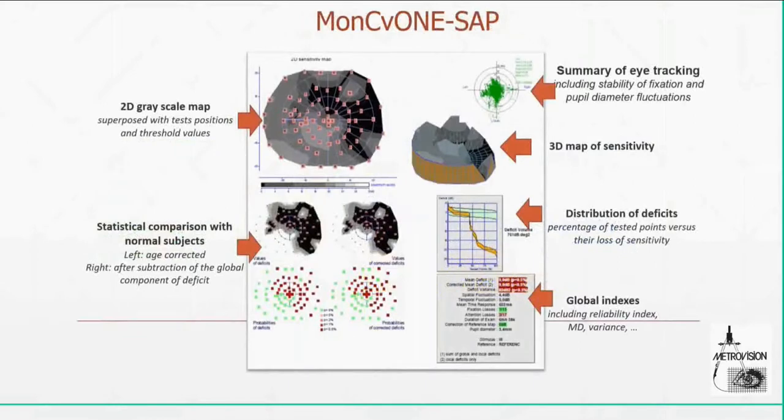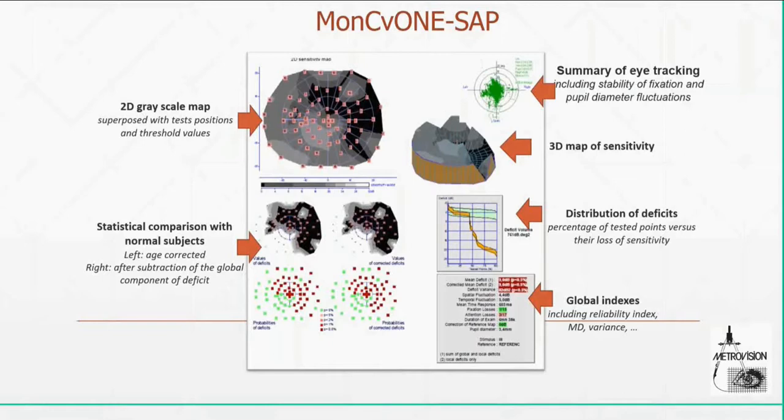A few words about the basic versions, the MonCVONE-SAP. I won't talk in details about automated static perimetry. That's something almost everybody does. This is just showing a standard report from us.